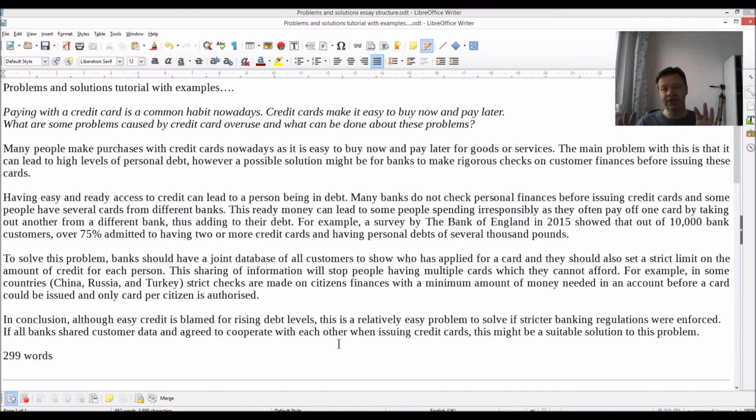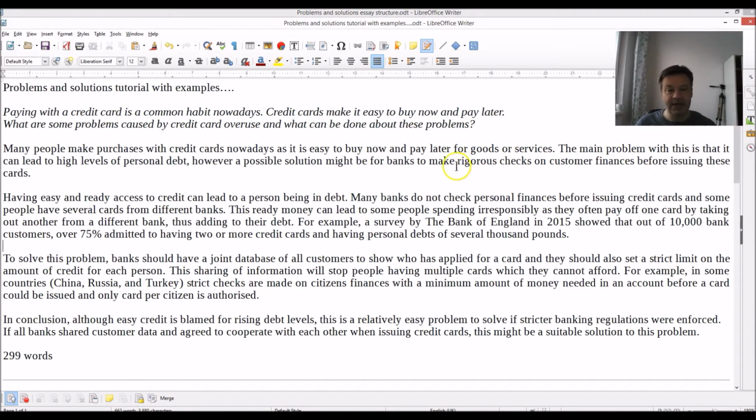Now, the coherence part, you're basically saying the same thing 3 different times. Introduction, paragraph 2, 3, conclusion. So, in the conclusion, you restate, you more or less paraphrase the introduction. That's basically it. So you're saying the same thing twice. And your main idea 1, high levels of debt, is here, and also here.